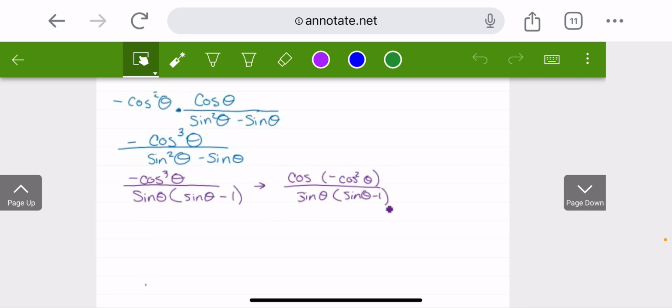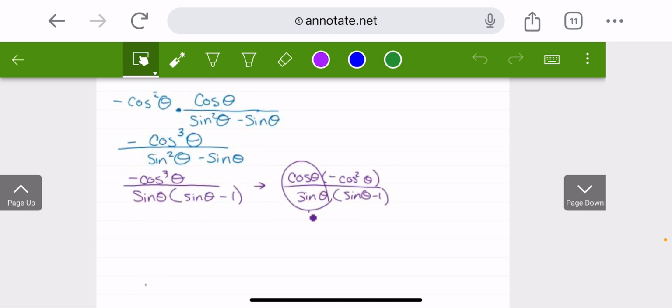I'm kind of unmultiplying this step. I took my cosine cubed and made it cosine over sine, because cosine over sine, I can put as cotangent.